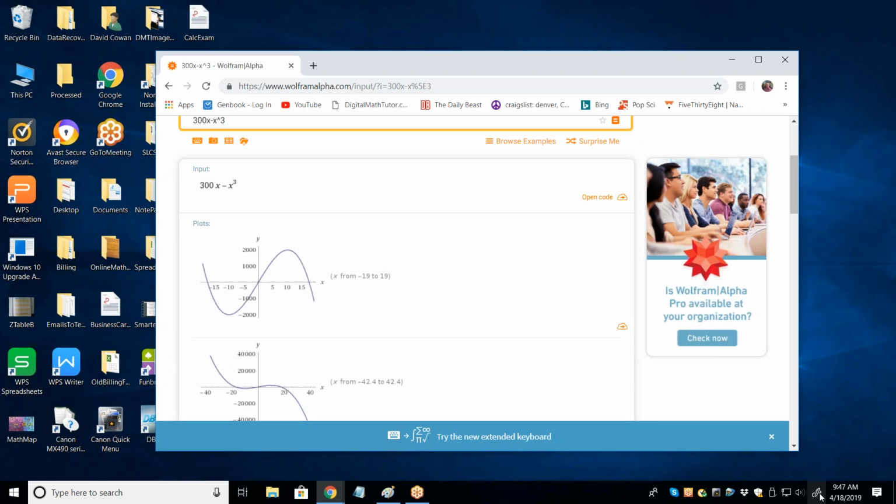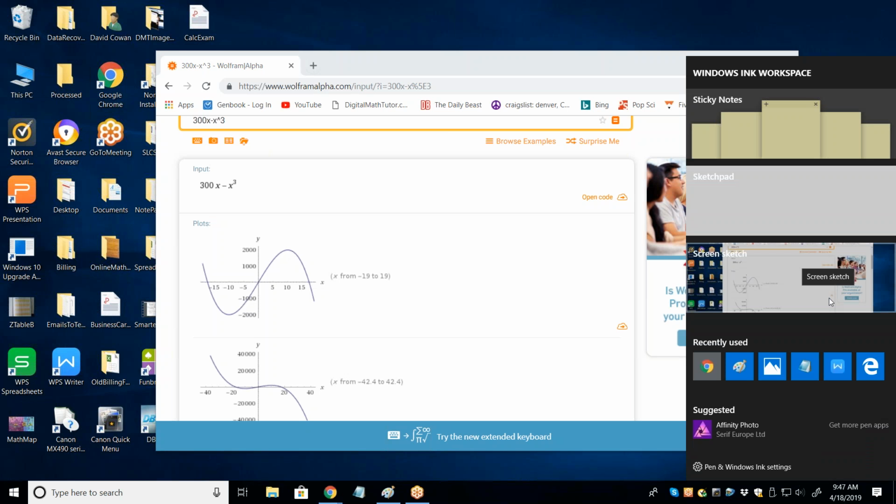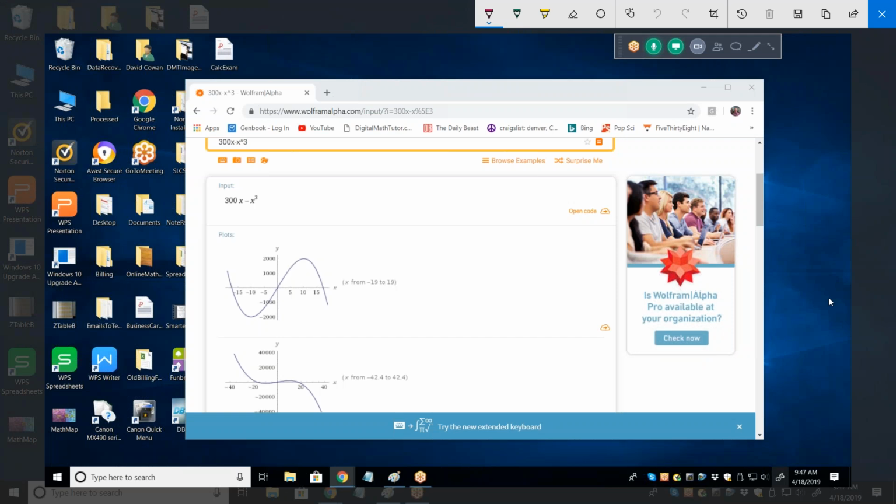Okay. Well, it's not increasing there. And it's not increasing or decreasing there. In other words, wherever you have horizontal tangent lines, it's neither increasing nor decreasing.